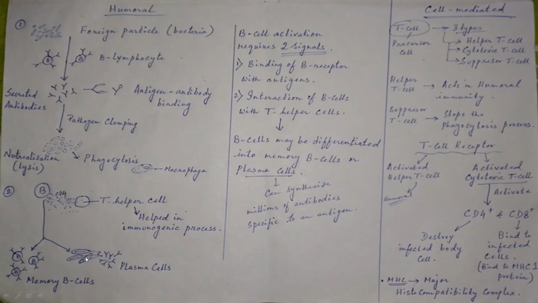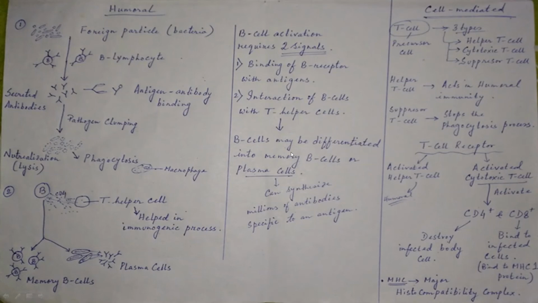And these are the plasma cells, from where again the antibodies get secreted. So B cell activation requires two signals: one is the binding of the B receptor with antigen, and the other is the interaction of B cells with T helper cells.